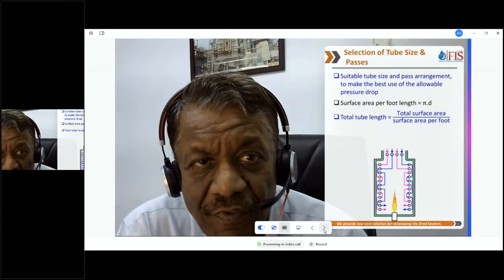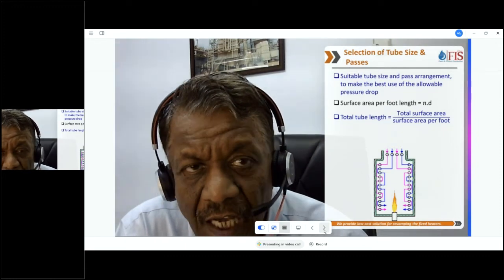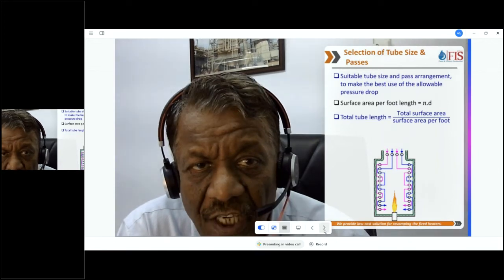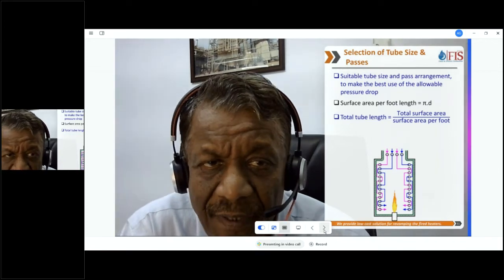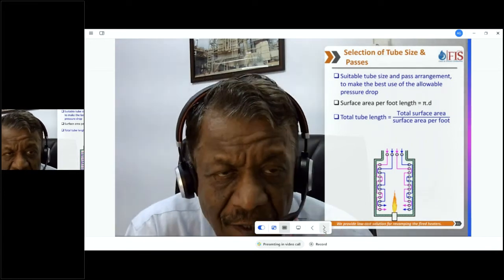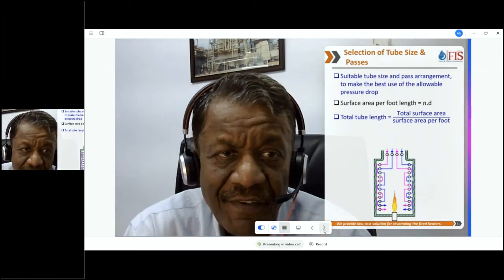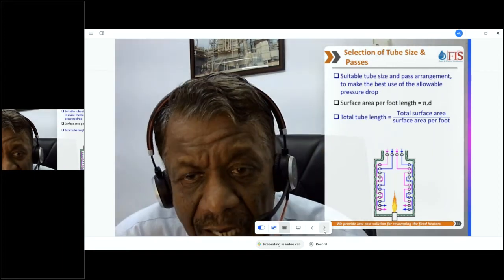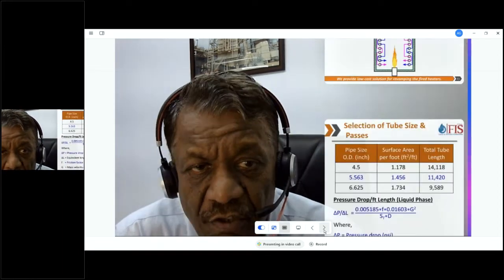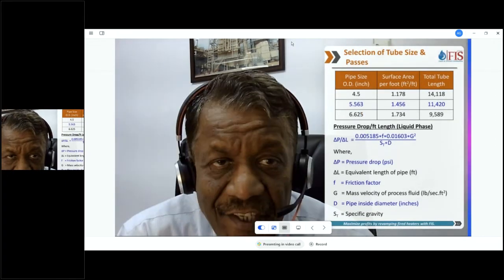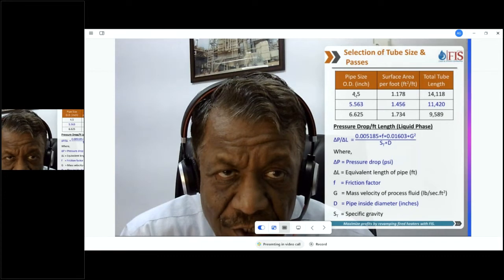Our option is how many passes there will be, and how we calculate the total tube length. Total tube length is very simple: the total surface area divided by the surface area per foot gives how much pipe we need. I have selected three pipe sizes, 4-inch, 5-inch, and 6-inch.